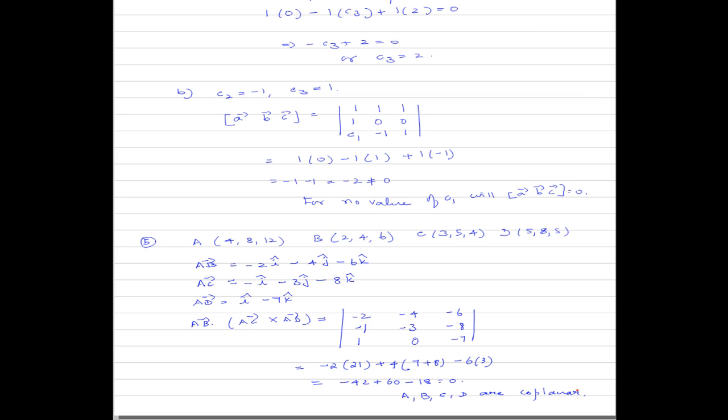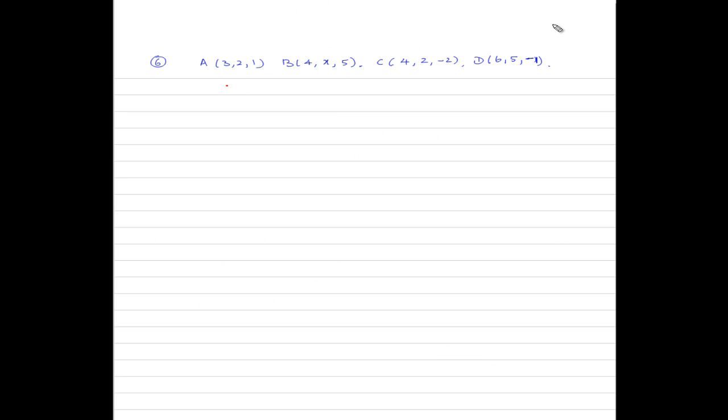Very simple problems these are. Sixth sum. Find x such that the 4 points A(3, 2, 1), B(4, x, 5), C(4, 2, minus 2) and D(6, 5, minus 1) are coplanar. So like the previous problem, we have to find AB vector. AB vector is equal to, because 4 minus 3 is 1, 1i plus x minus 2 into j plus 4k.